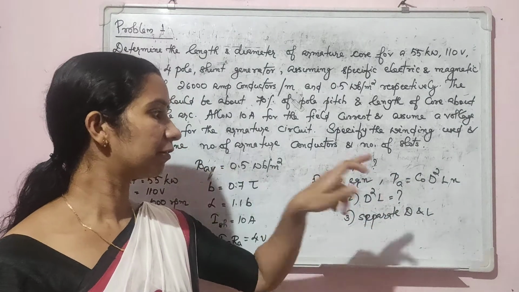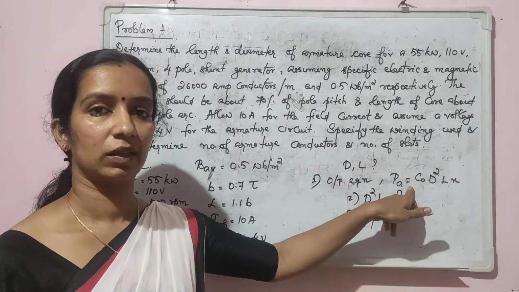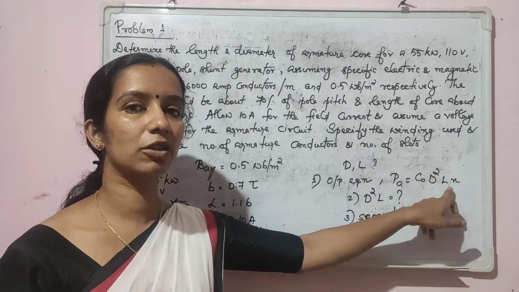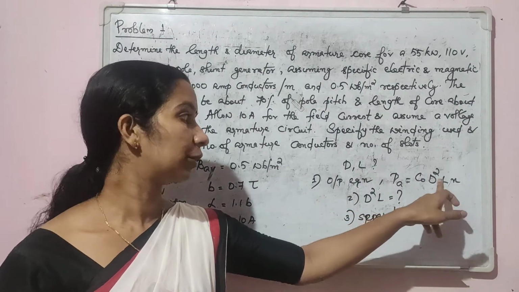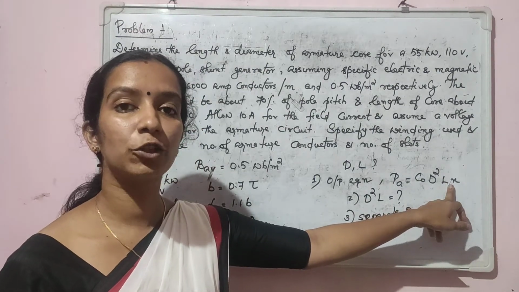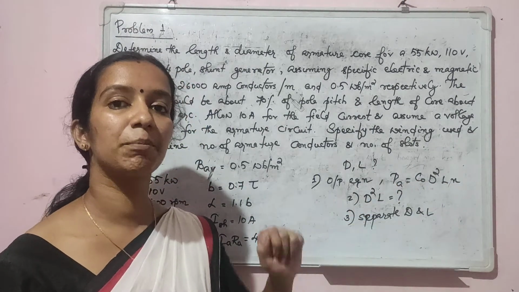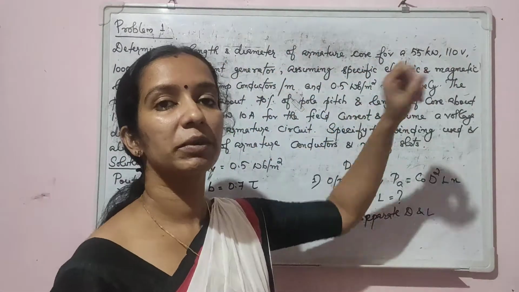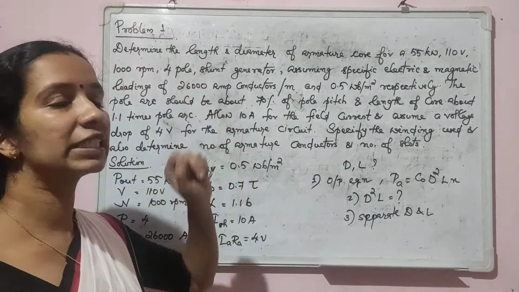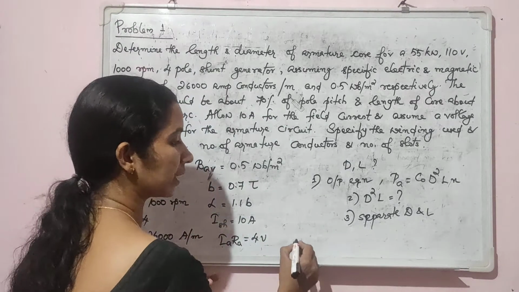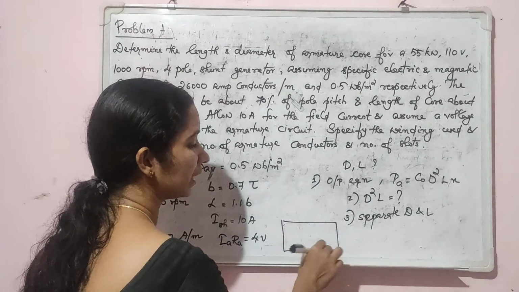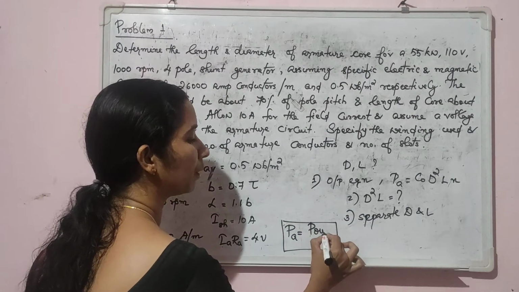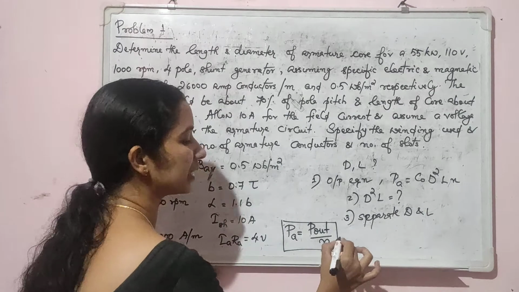So the output equation we have is Pa, that is power developed in the armature, is equal to C0 D square L into N. In order to find out D square L, we need to know the value of Pa, the power developed in the armature. Here the output power of the machine is given and the machine is a generator. In case of generators, we can write the power developed in the armature Pa as output power divided by efficiency.